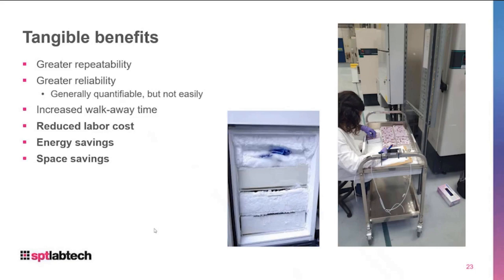If you give them more time away from the sample management, they have more time to do more meaningful work for your business. So think about it from both the aspect of just saving time and also enabling as you go. And then, of course, energy savings are very tangible, and space savings both have a true cost dollar amount to them.